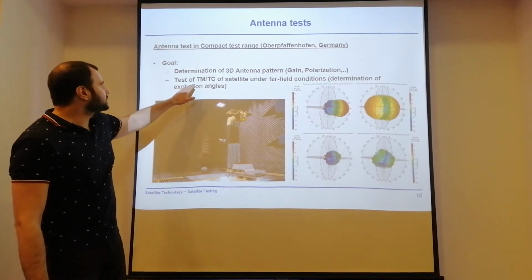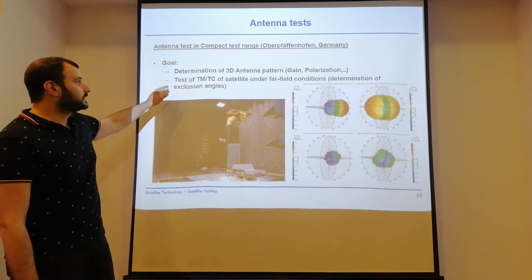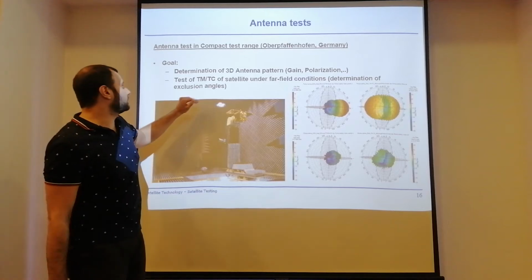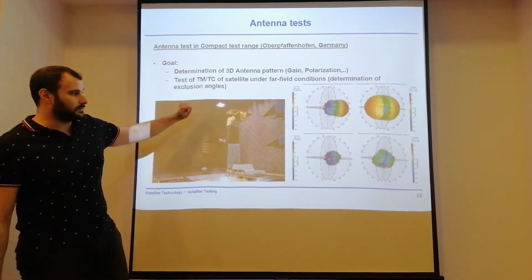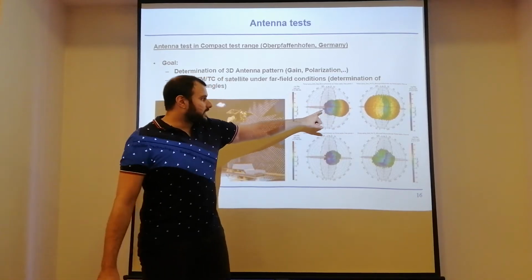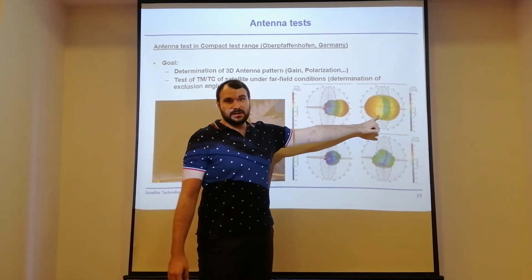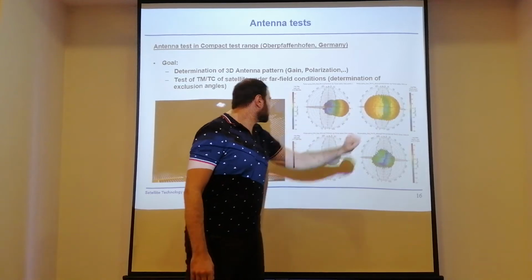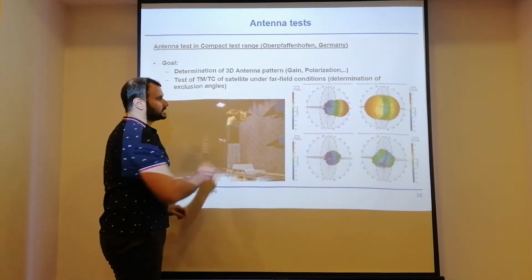And we did that to test the TMTC of the satellite under those far field conditions and to determine several exclusion angles that you can see here. So this is the high gain antenna and this is the TMTC antennas. So two antennas, one on this side, one on that side.